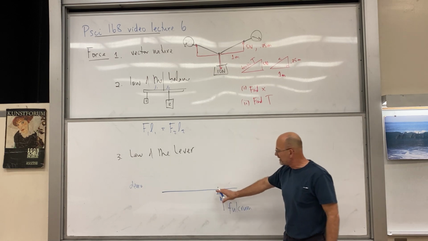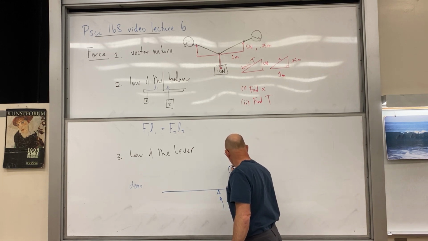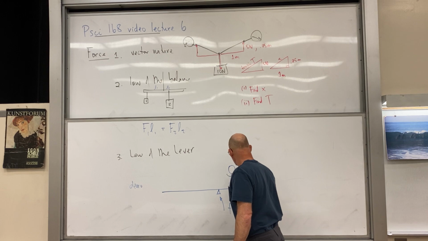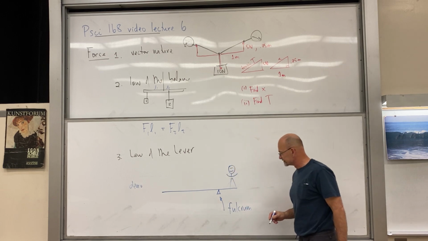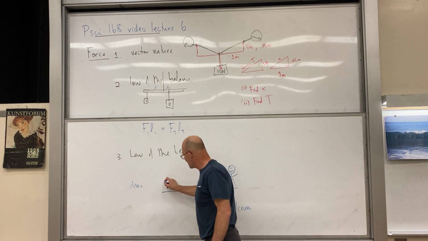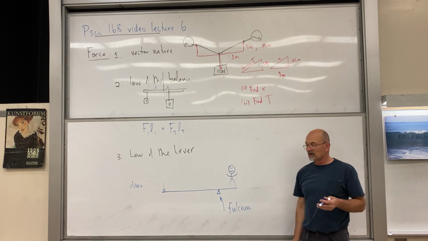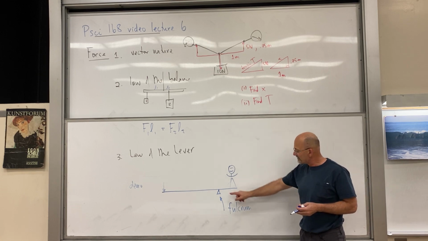Fulcrum, it's this triangular metal wedge that we have. And we actually stand one of our student colleagues on here, and then we just push down with our hand here, and we can lift the person because we have that leverage.